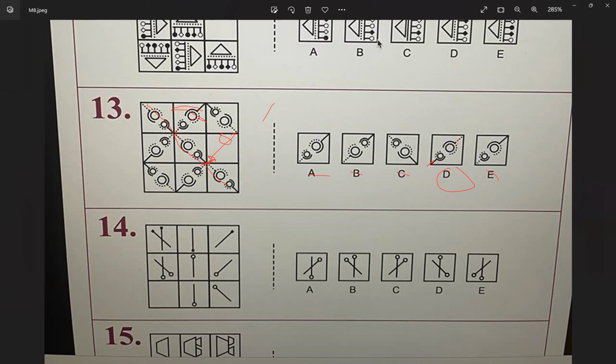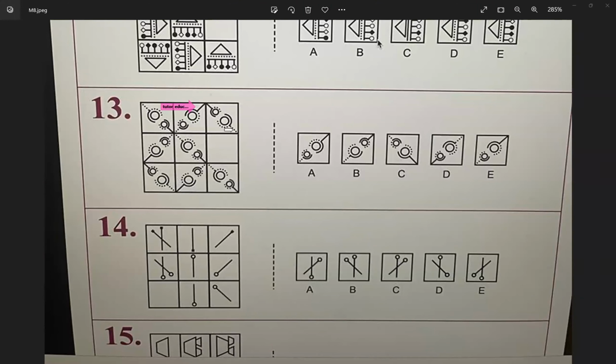Okay, so let's see another point of view here. Elise, if you focus here, this is a dashed line, this is a solid line.